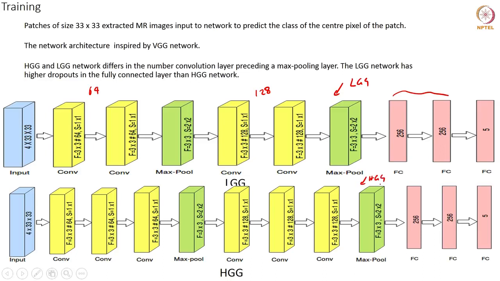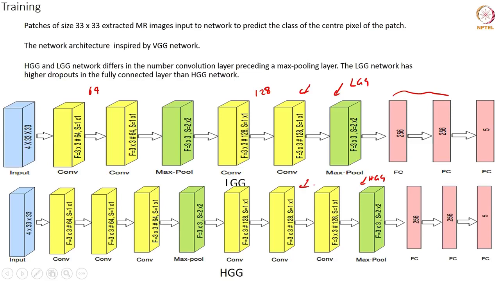If you can see here, the high grade glioma network has slightly more convolutions, in this case 3 convolutions of 128 feature maps, and then a max pooling layer, as opposed to here where the number of convolution layers is only 2. This has 3 and it has 2. So, there are 2 successive convolutions with 128 feature maps here, and there are 3 of them there.